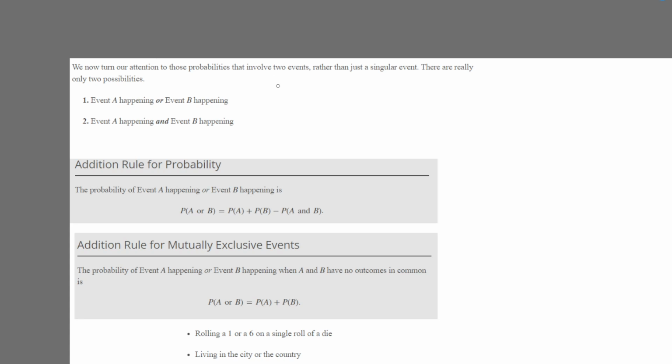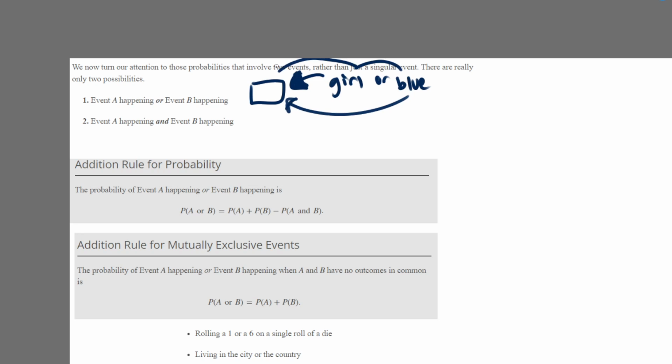could look at a person and say, this person goes into this list if they are a girl or if they are wearing a blue shirt. Boys who are wearing a blue shirt would go into here. Girls who aren't wearing a blue shirt would go into here, and girls who are both a girl and wearing a blue shirt would go onto our list.